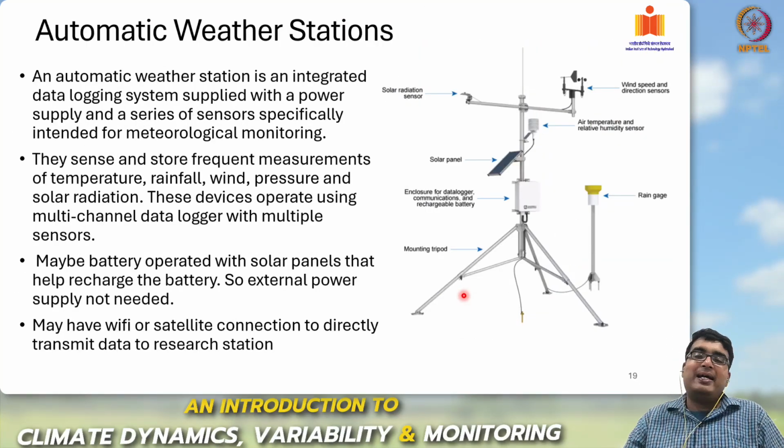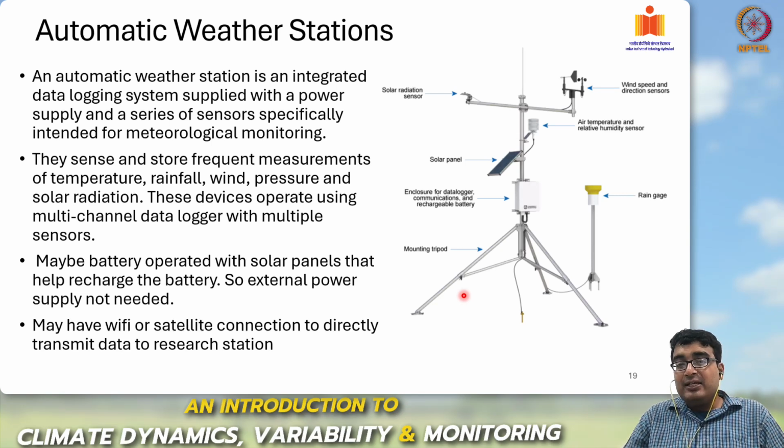One of the important aspects of a meteorological package is what is called the automatic weather stations, which are commonly used in many places to simultaneously acquire multiple types of meteorological and climatological data. So it's an integrated data logging system supplied with a power supply and a series of sensors specifically intended for meteorological monitoring.